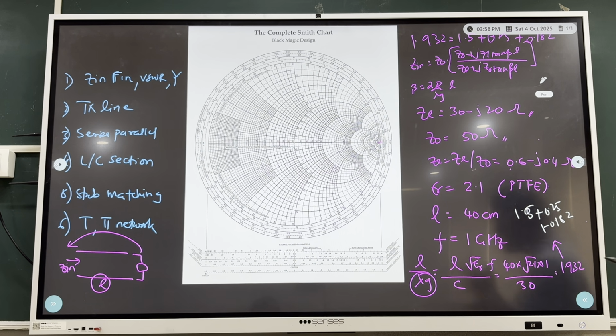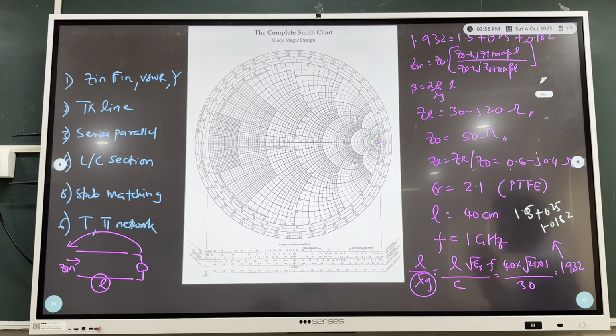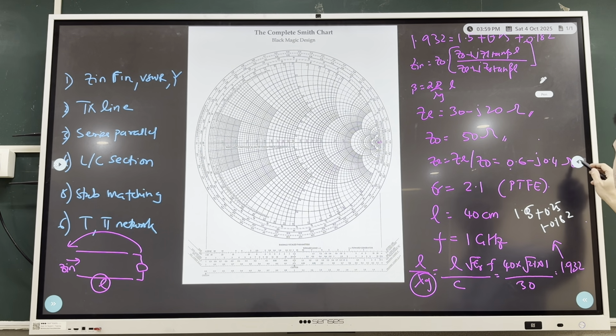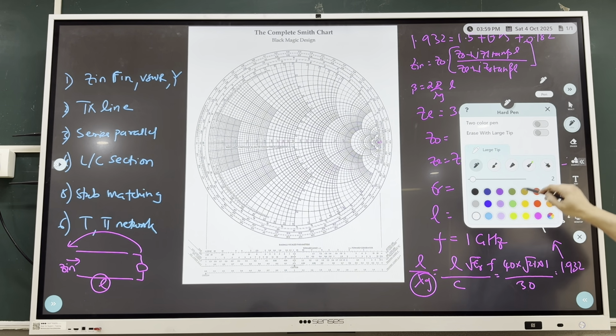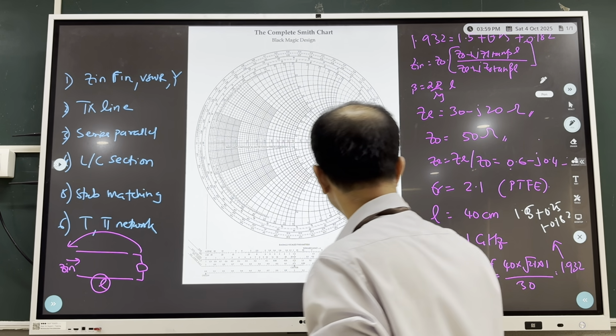All these add up to give the 1.932 value. I'll explain the reason why I am splitting it this way, and this step is something very important while attempting this transmission line problem. So now let's first locate the impedance point on the Smith chart.